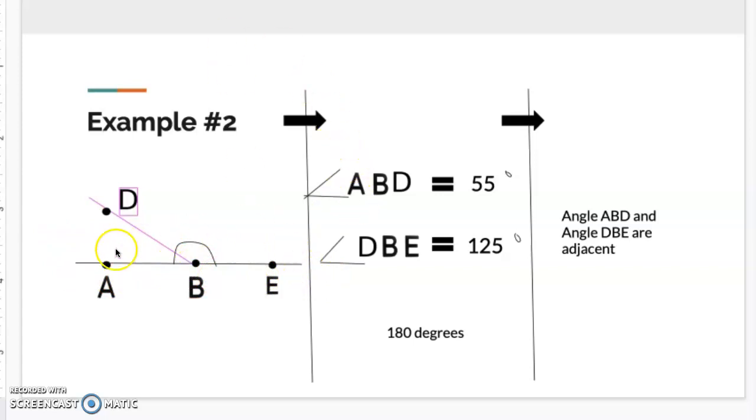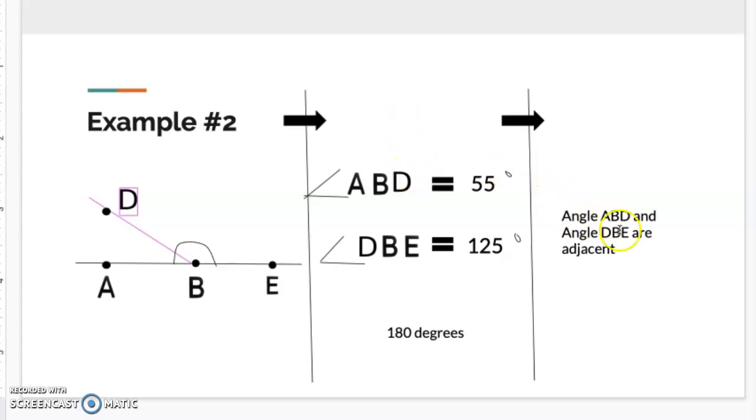Angle ABD is 55 degrees. Angle DBE is 125 degrees. These two added together equals 180 degrees, which is why this is a perfect example for supplementary angles as well.